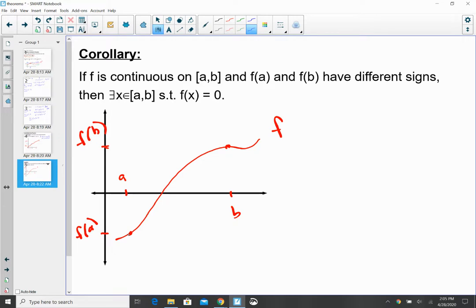Check this out. If f of A is negative, f of B is positive, then there exists an x value somewhere where he's got to cross the x-axis. The importance of the corollary is it discusses that continuous functions have roots as long as you have values on either side. It has to cross the x-axis at some point.